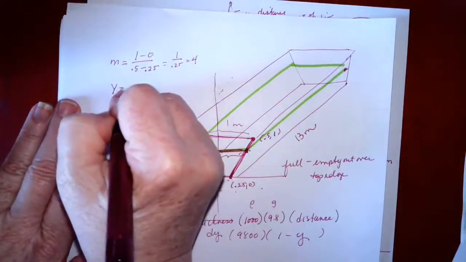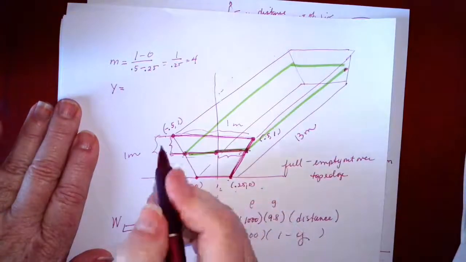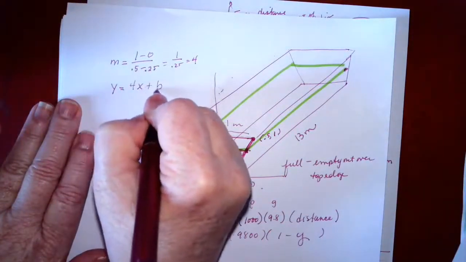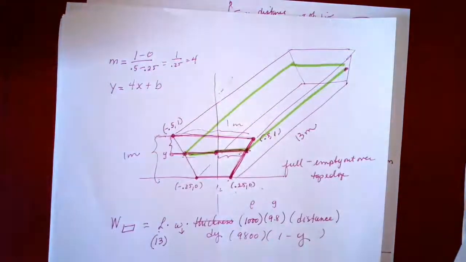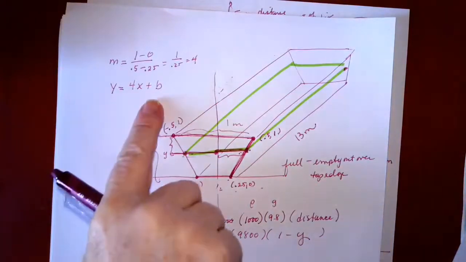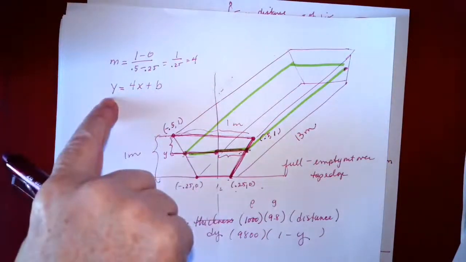And so the equation of that line, that is the right-hand boundary of this, would be y equals 4x plus b. And to figure out what that b value is, guys, I'm just doing college algebra here. I'm just finding the equation of a line. But you probably haven't done it since Cal 1. All right. So if we know a point on that line, we're just going to replace the x and the y and figure out b.